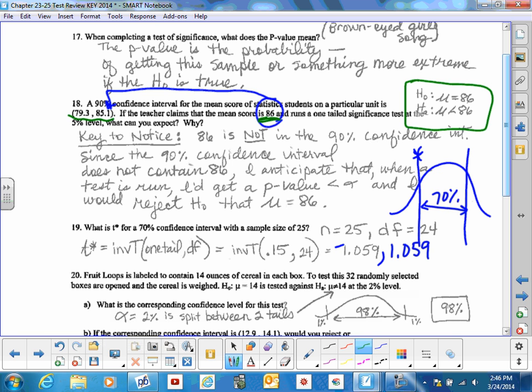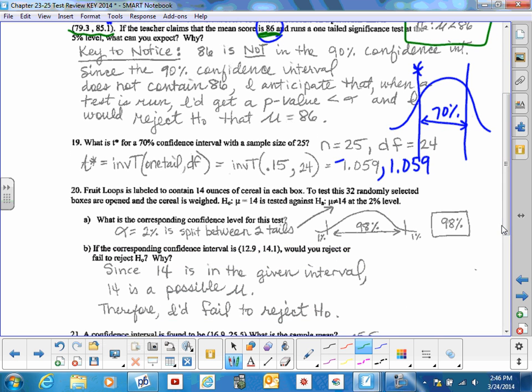So that was the key to notice, that 86 is not in the interval. Since it's not, I anticipate that when I run a test, I get a p-value small enough, and I'd reject the null. 19 was just 70% confidence, which means that's what's in the middle.